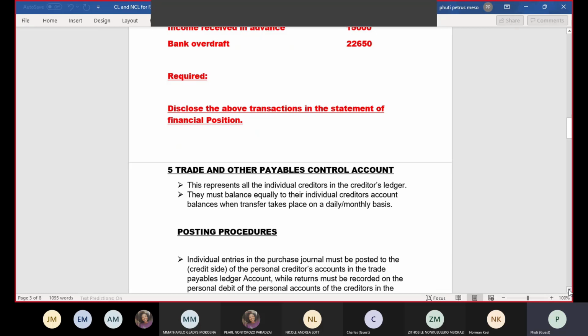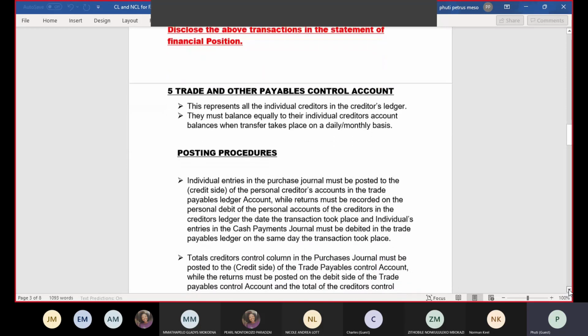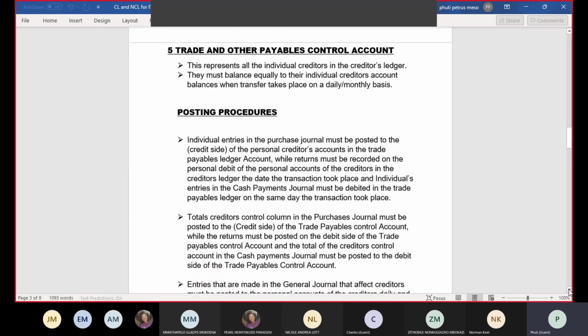So individually, you need to open what's called a T account for each of them. And then at the end of the day, you balance off the total, and then you make one account called the Trade and Other Payables Control account, and you total it off. So the Trade and Other Payables Control account is actually treated the same as your Trade and Other Receivables Control account. It's just that the Payables Control account has more weight on the credit side as opposed to the Trade and Other Receivables balance.